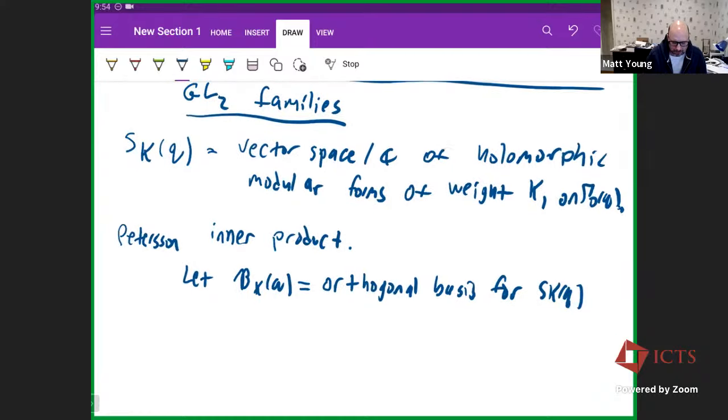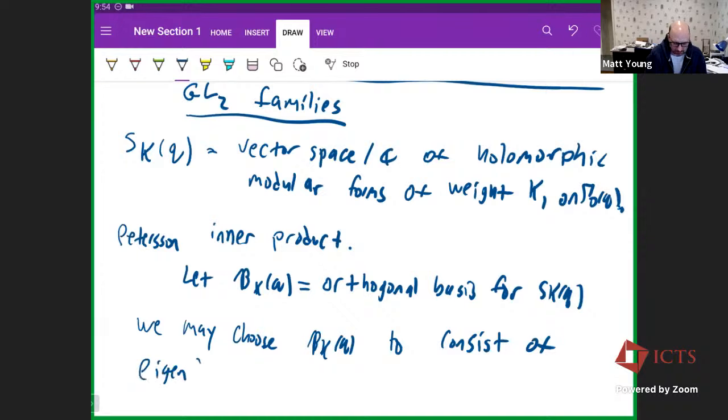And we may choose B_k(q) to consist of eigenfunctions of all the Hecke operators T sub n.